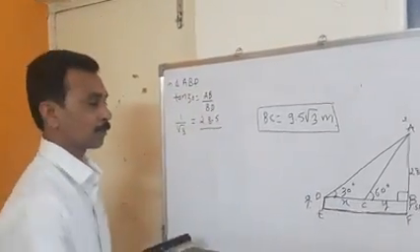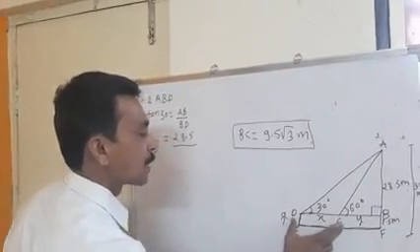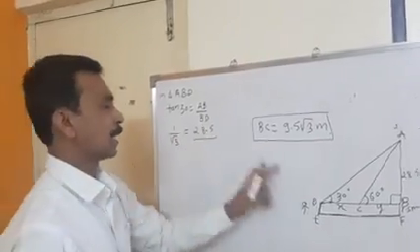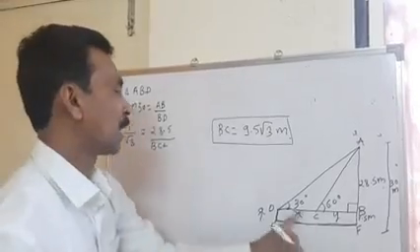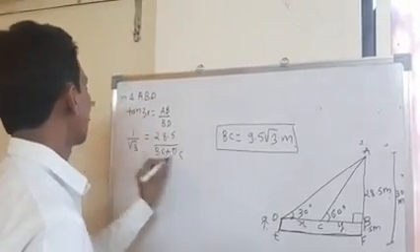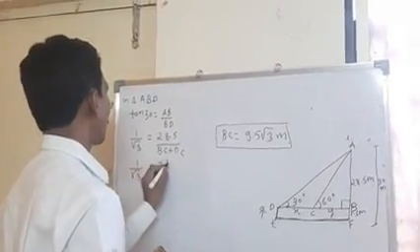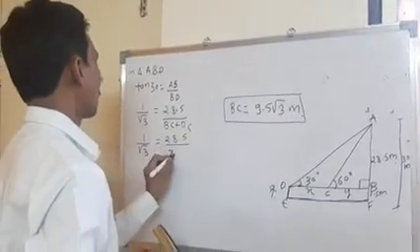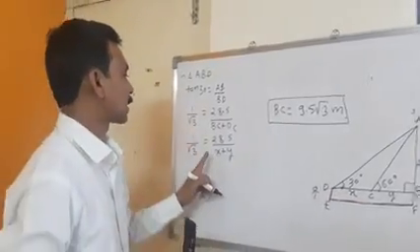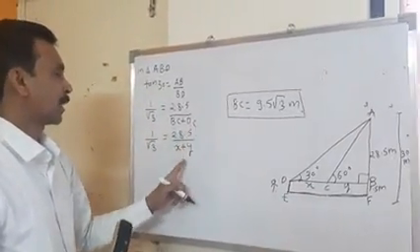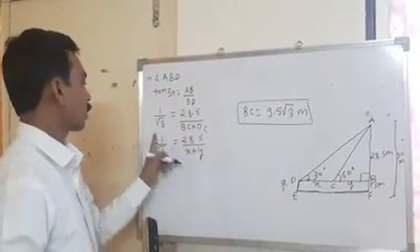BD is what? BC plus DC. So 1 upon root 3 is equal to 28.5 upon x plus y. Why x plus y? DC is x, and BC is y. Do the cross multiplication.